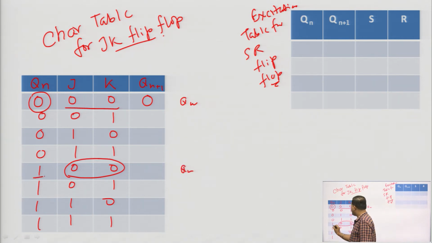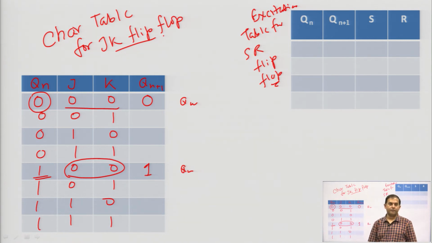So, here Qn is 1, so we will be having 1. Let us check this one. Means when both the inputs are 0, next state will be the same as the previous state. So, this is same as Qn. Okay, memory. So, here also the Qn plus 1 is same as Qn. So, here Qn is 1, so now it is 1.